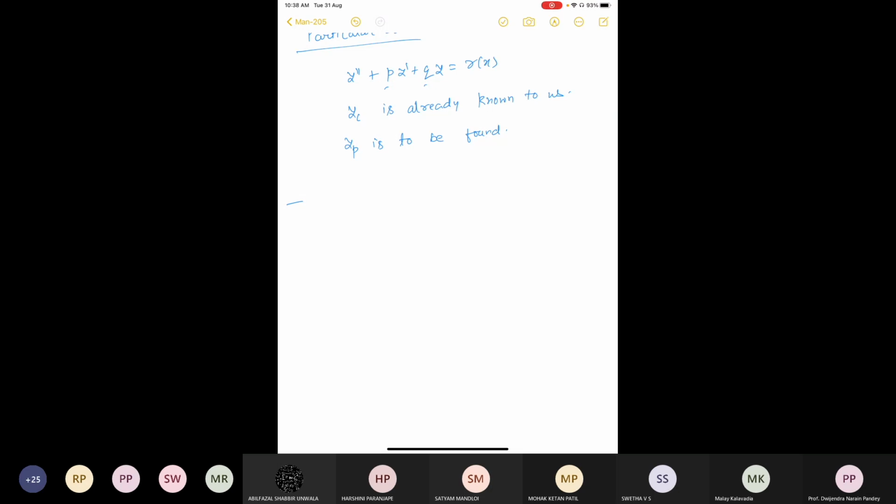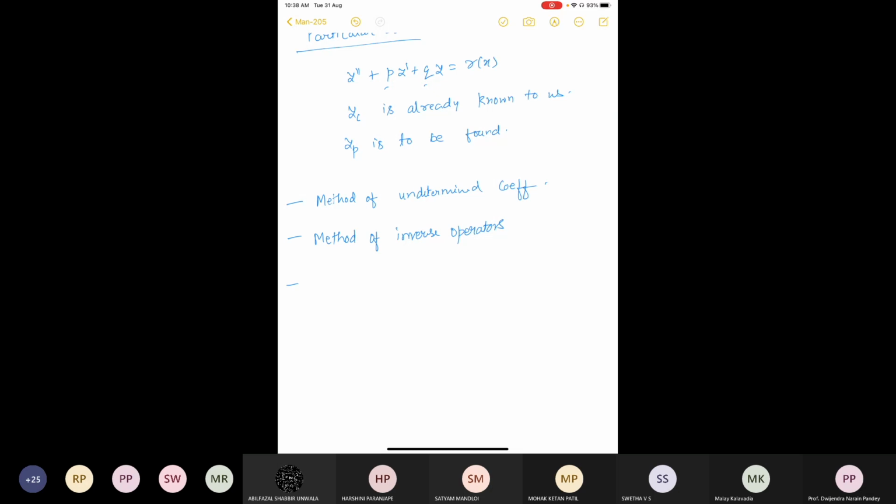So the first way is the method of undetermined coefficients. We'll see what this undetermined coefficient is. Another way is the method of inversion. Another way, which is very powerful, is also applicable when p and q are not constant; they may be functions of x.